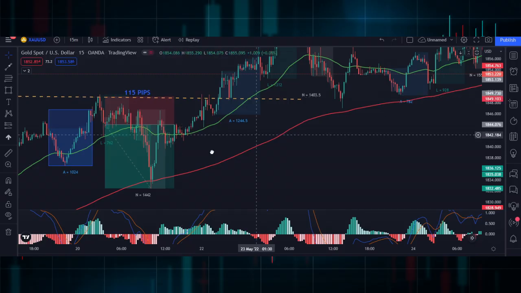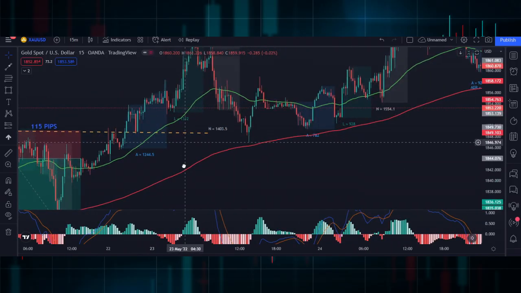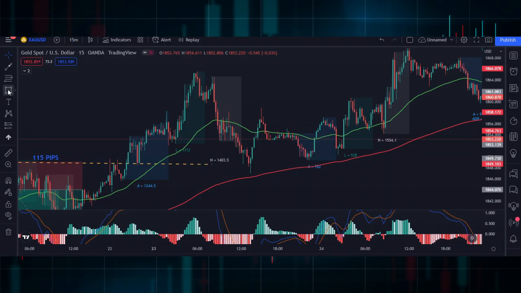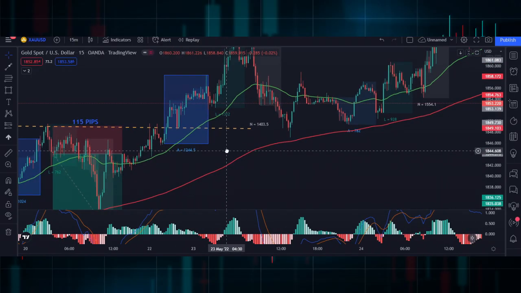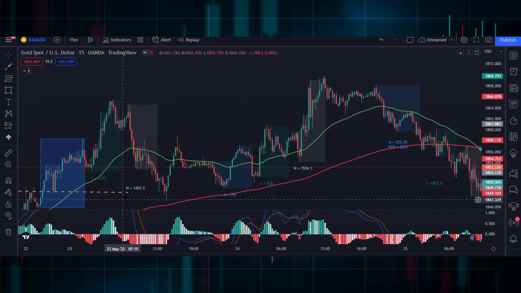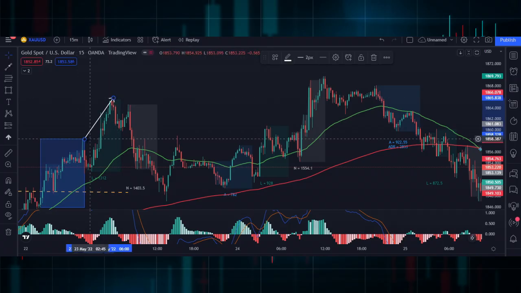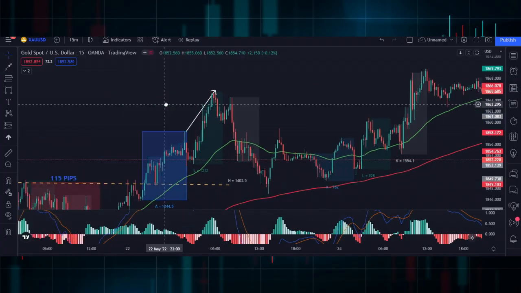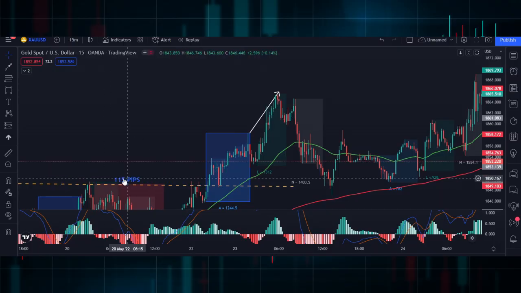Okay, 115 pips. Moving on to the 23rd of May. Let's draw our Asian session box. Okay, in this case now, we're looking for a buy, but price went above the Asian session box and did not bounce off the previous day's high, because the previous day's high is all the way down here.